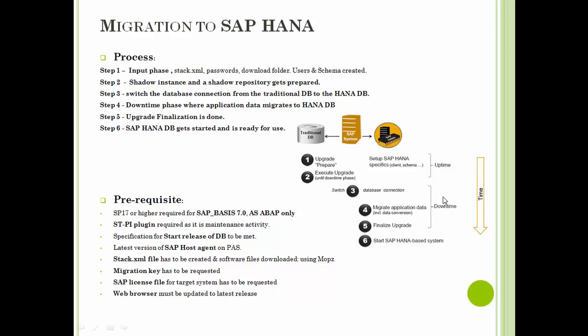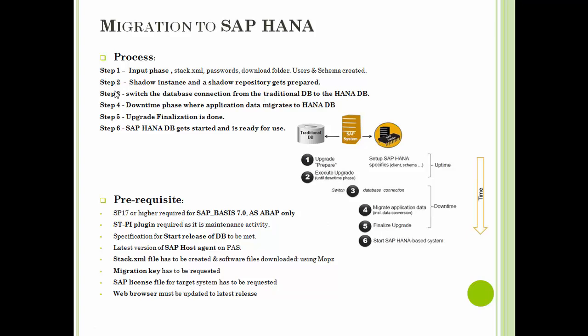So the end users can still use the system without any problem. And SAP HANA database is installed and kept ready. That is, only the database software must be installed and kept ready. And the shadow repository, which is prepared on the source database, is copied to the target database in step 2.